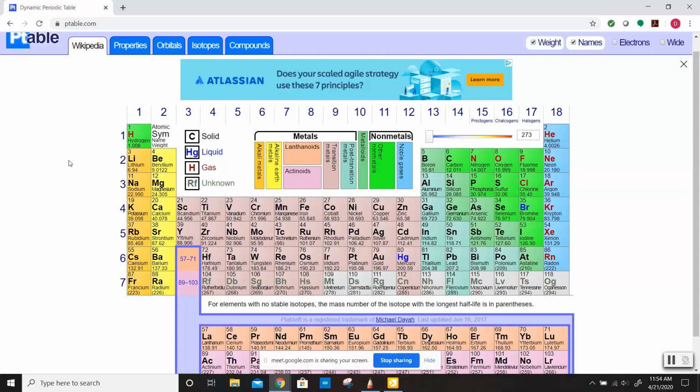So let's go to row 2 and count: 1, 2, 3, 4. It has a valency of 4. Does that make sense? Chlorine, on the other hand, would be 1, 2, 3, 4, 5, 6, 7. So carbon has a valency of 4, which means it's got these 4 electrons just sort of hanging out on the outside.